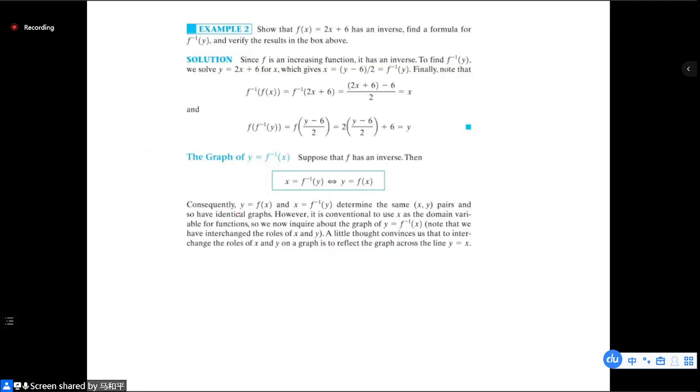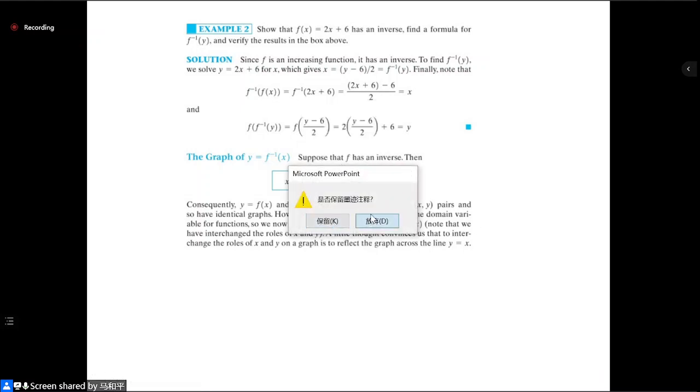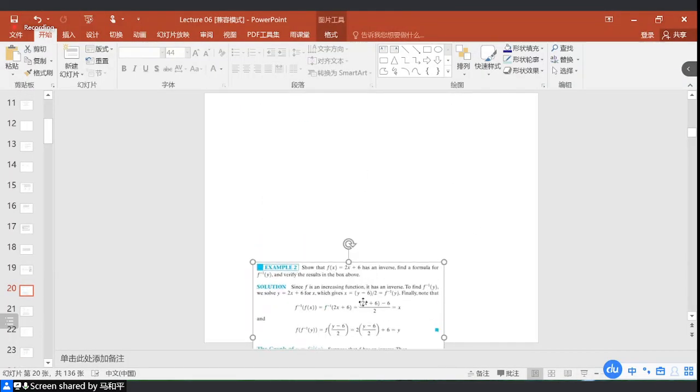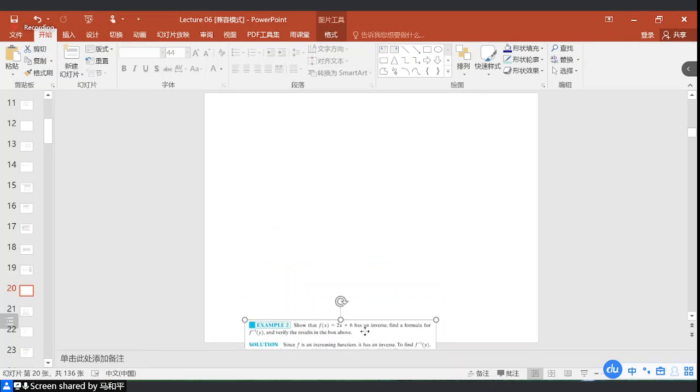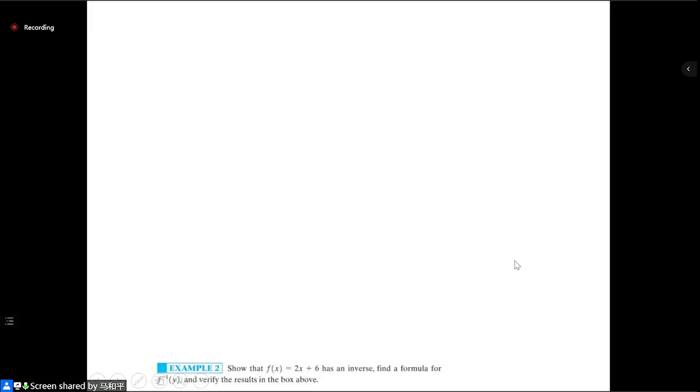No? Okay. Now example 2: show that f(x) is 2x plus 6 has an inverse, find a formula for f inverse y, and verify the results in the box above. Because this one is easy, I leave it for you to finish. I'll give you 2 minutes to finish example 2.